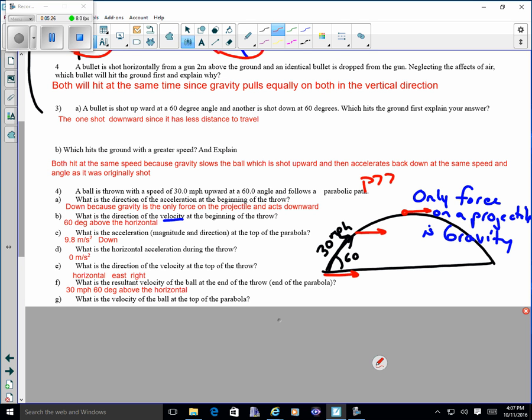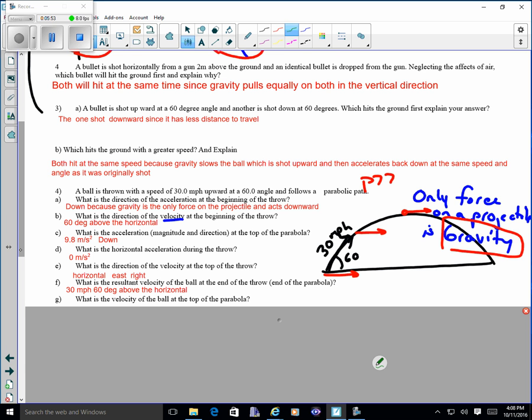Part D is what I was just talking about. What's the horizontal acceleration during the throw? Well, if you notice all of these red lines, in your book especially, the red lines are all the same length. If you look at the green lines here, it starts out the green line's really big and then it gets a little smaller. Up here at the top, it's not even existent. And then down here, the green line starts getting a little bit bigger, and down here it gets real big.